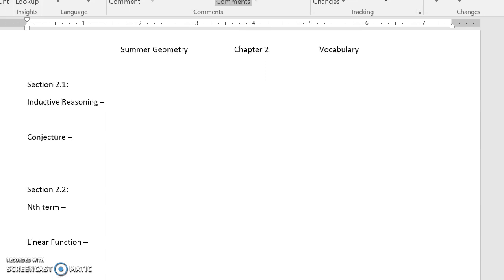There's not as much vocabulary as there is in chapter 1, so we can kind of just keep a running list. So in this section, we're going to look at inductive reasoning, and we're going to look at the word conjecture.